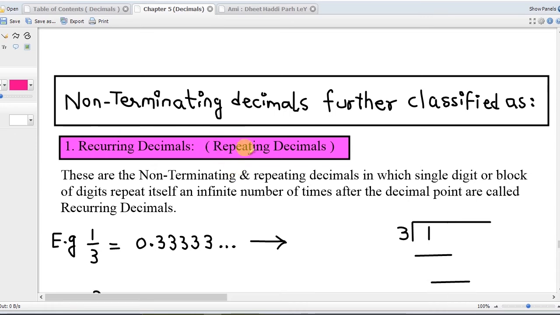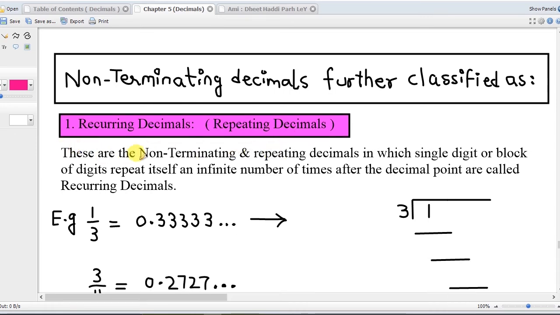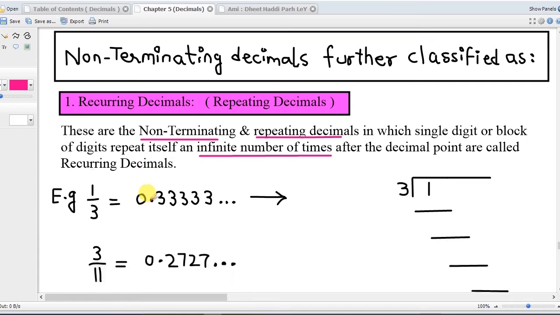That's why we name them recurring or repeating decimals. Since repeating or recurring is a further categorization of non-terminating, these are non-terminating and repeating decimals, in which a single digit or block of digits repeats itself an infinite number of times. Why infinite? Because we are talking about non-terminating.